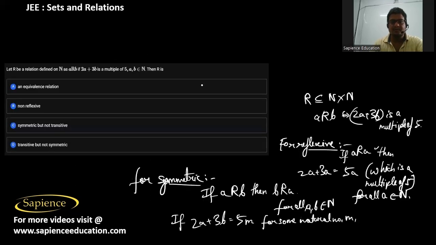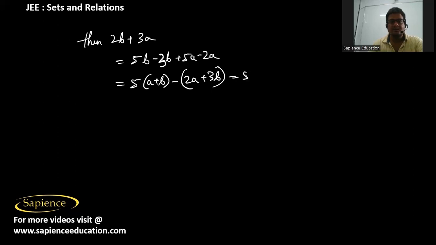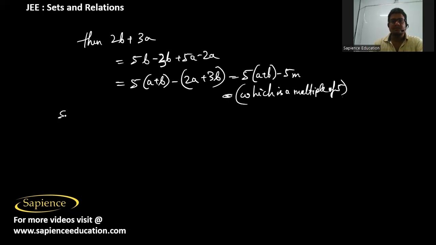Now 2A plus 3B is 5M. So this will come 5 into A plus B minus 5M, which is obviously a multiple of 5. So hence the relation R is a symmetric relation.